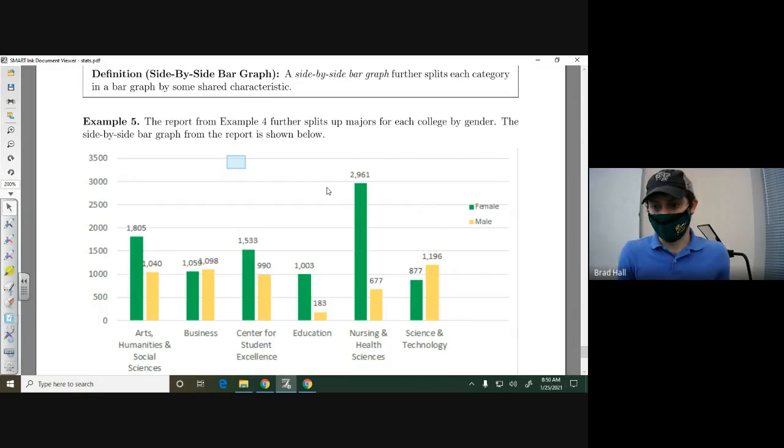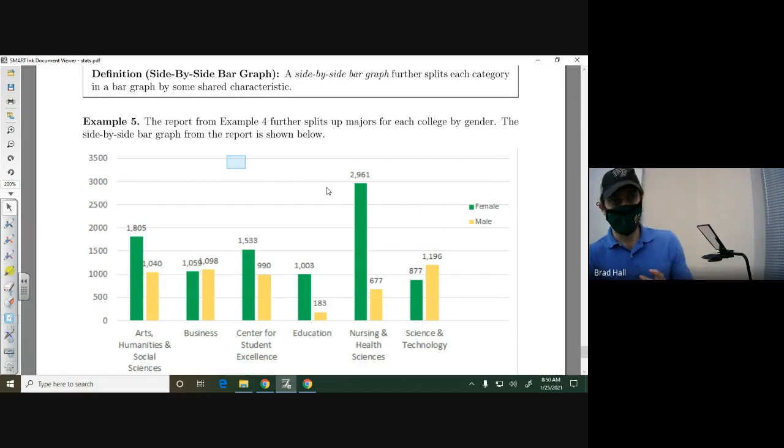And that's very evident here as women comfortably dominate the numbers game in virtually every category, with the exception of barely being edged out by men in business and science and technology. But in general, women are more likely to go to college than men. And this graph shows that, at least relative to Southeastern.